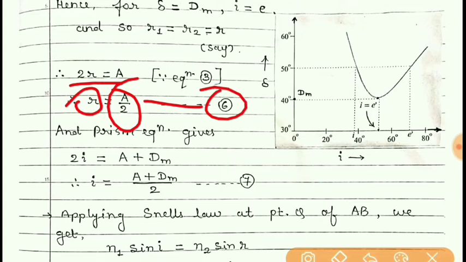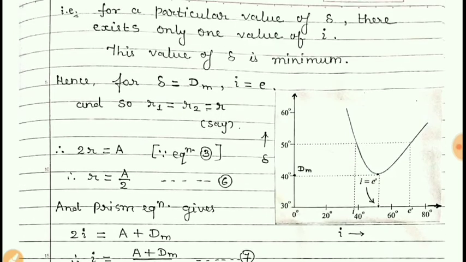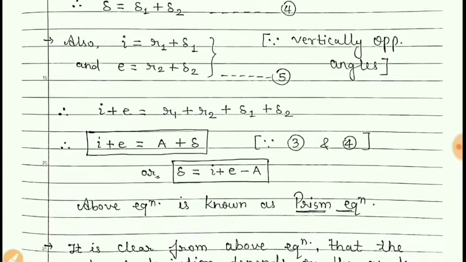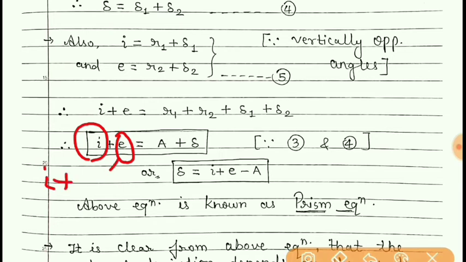Also, if we put this condition in the equation of the prism, that is I is equal to E, then I plus E becomes I plus I, which is 2I.